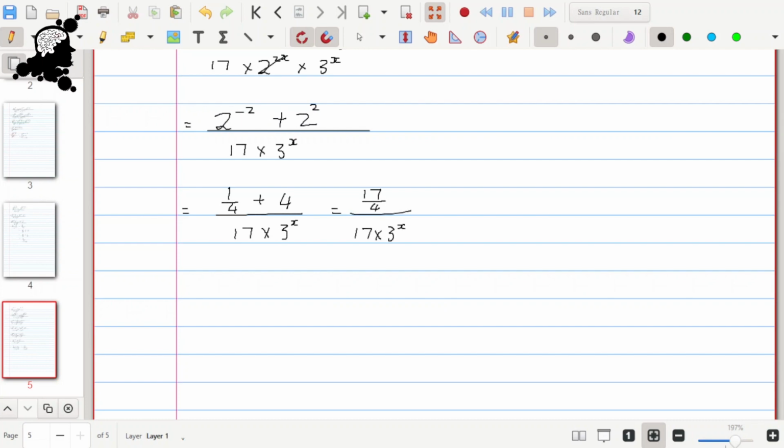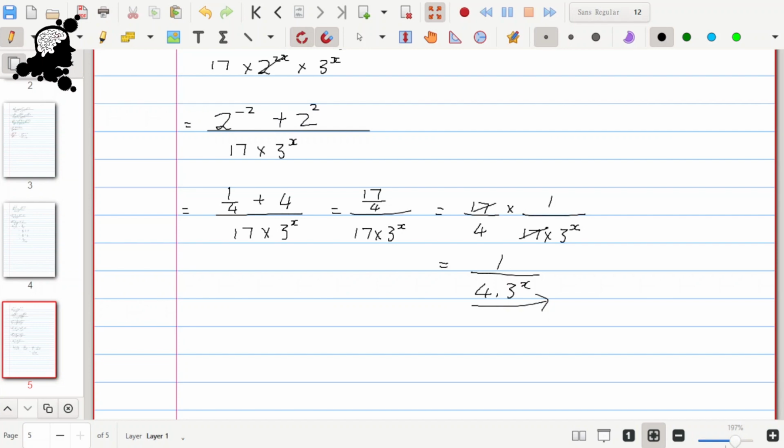Once again, I hate how this looks. So I'm going to write it as 17 over 4 multiplied by 1 over 17 times 3 to the power x. The 17 and the 17 cancel out. My final answer is 1 over 4 times 3 to the power x. My exponents are positive, so I'm good to go.